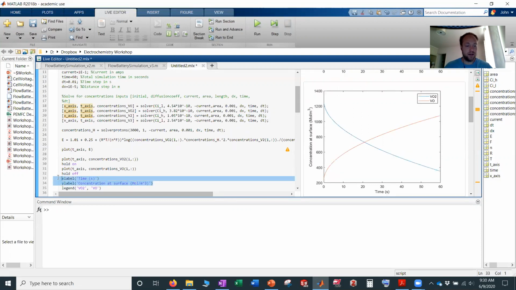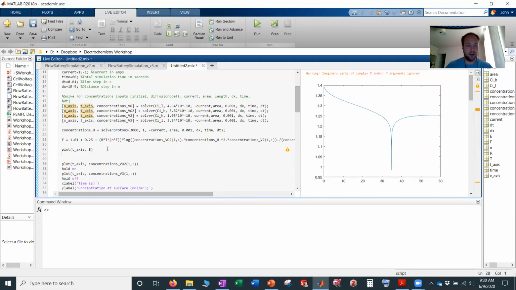We can also add, we're going to be adding to this plot a lot, so let's add some labels to it. This is time, and this is cell voltage.